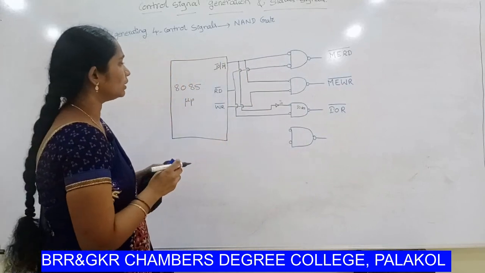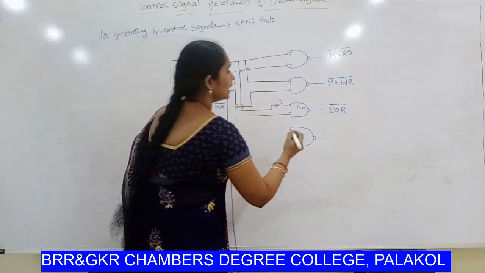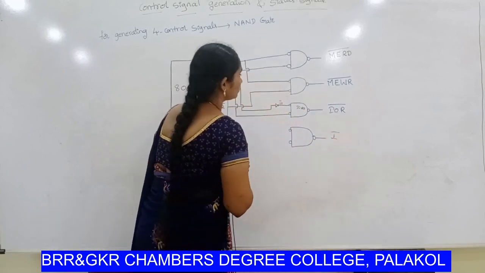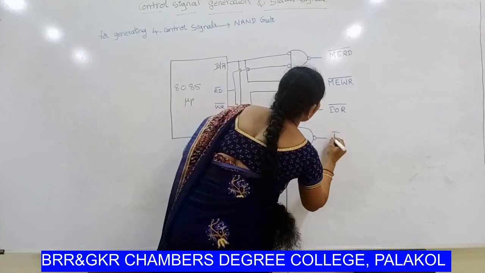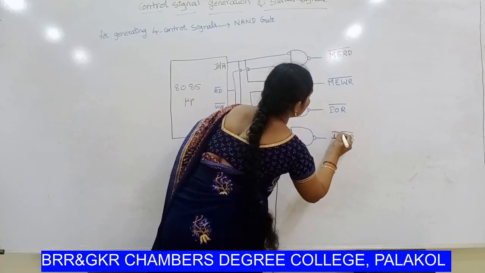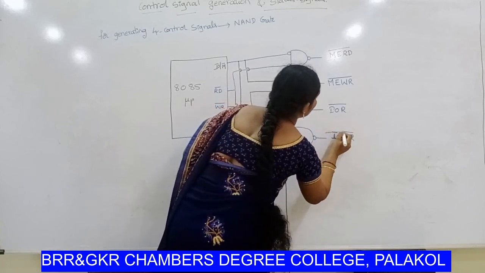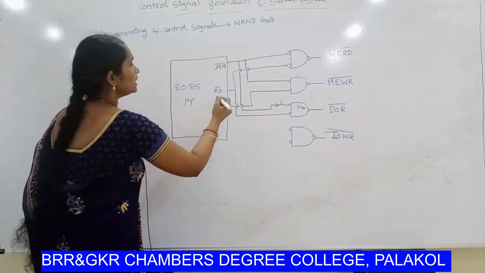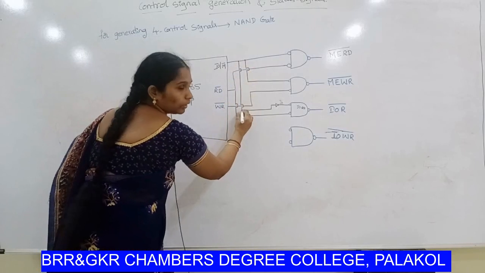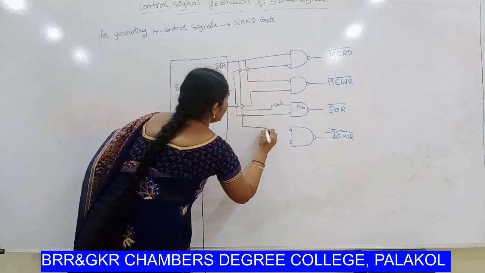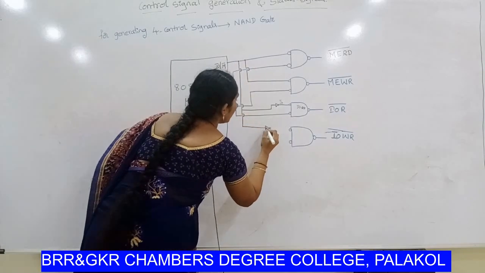Okay, and after that the last one is the IO write bar. The IO signal is here. This IO signal again goes through a NOT gate.